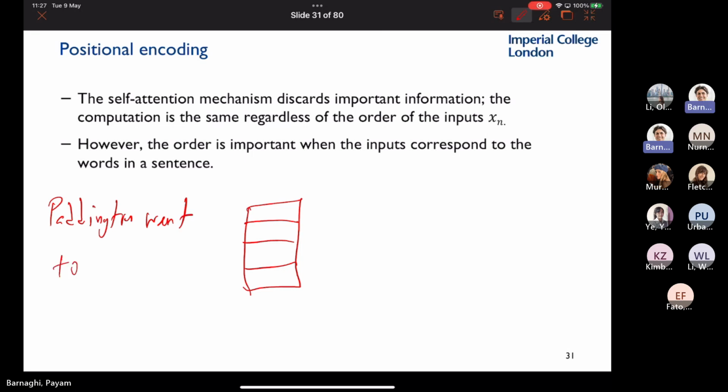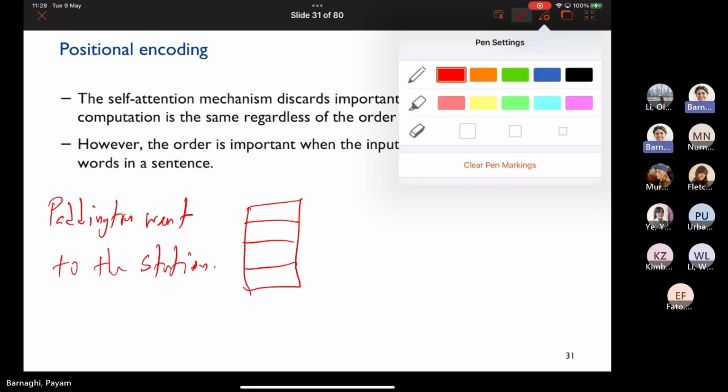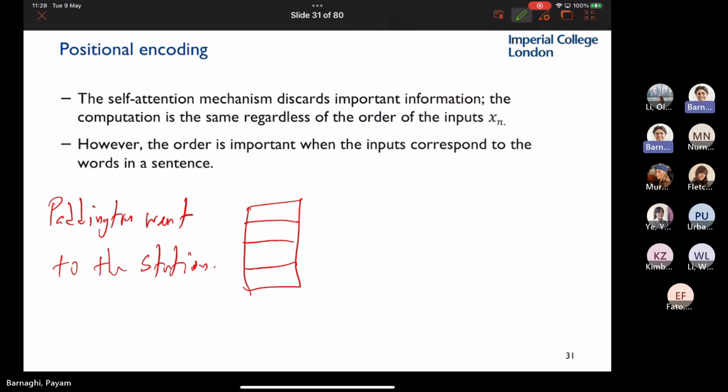I watched too much Paddington. Paddington went to the station. And imagine this word Paddington has become an embedding. I'll explain how we do the embedding in a minute, but we have created a 4-dimensional embedding.